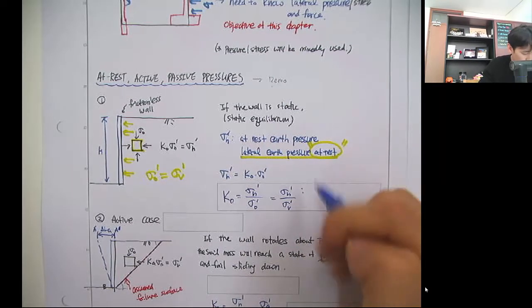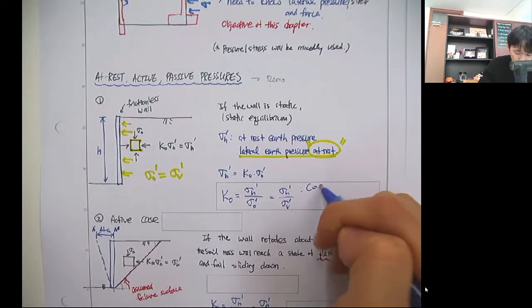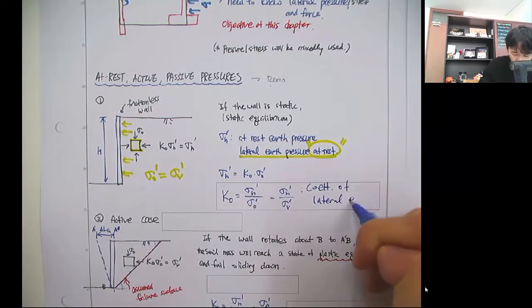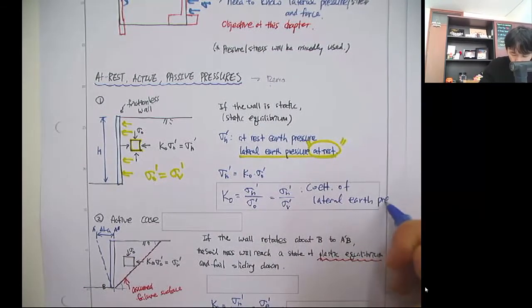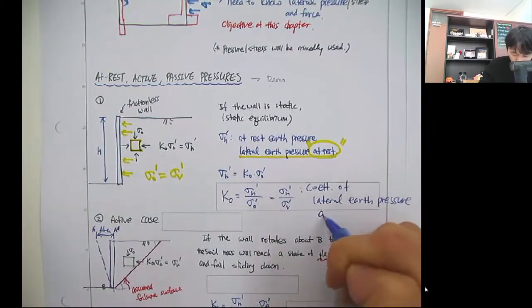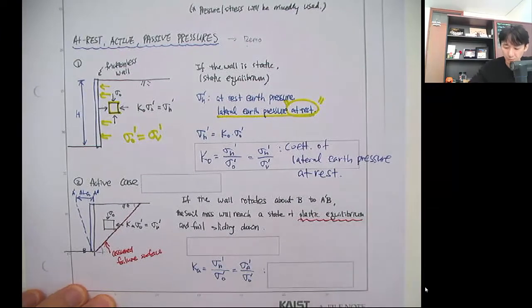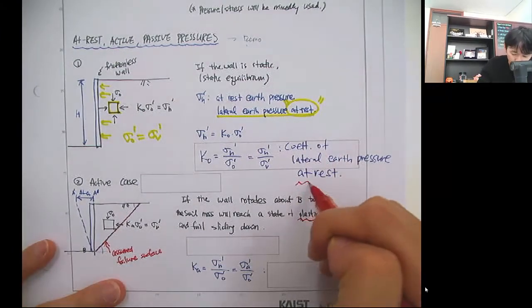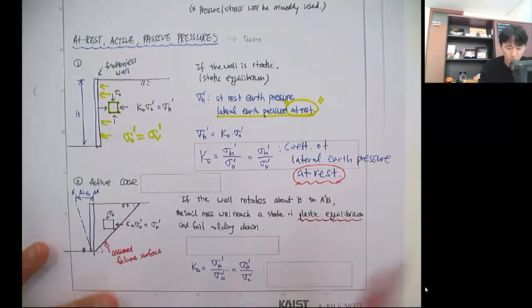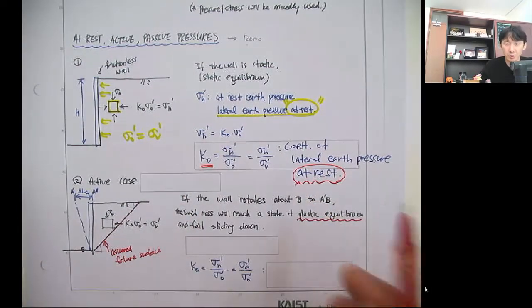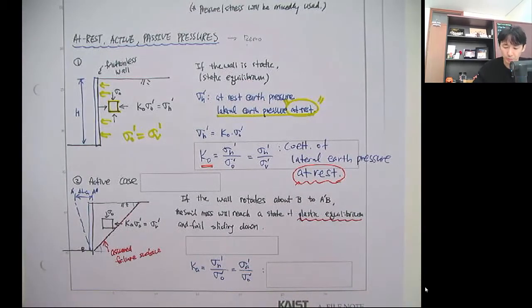This is called the coefficient of lateral earth pressure at rest. K naught denotes the at rest condition, so the wall does not move and the soil is not moving.